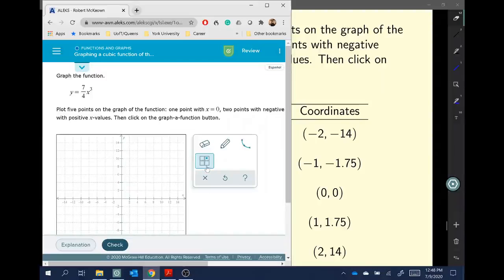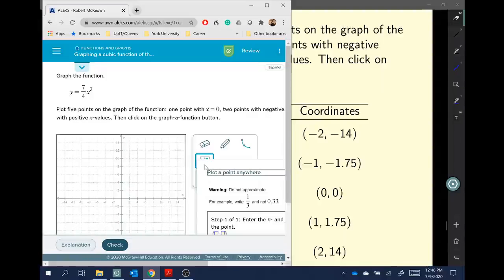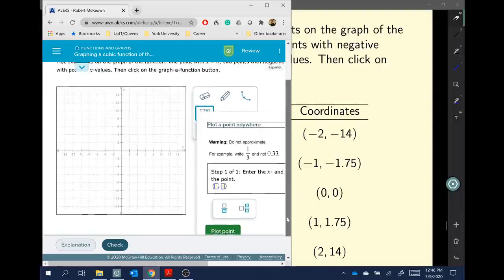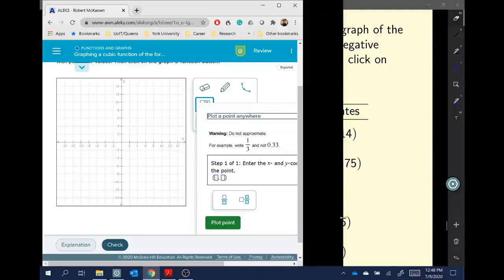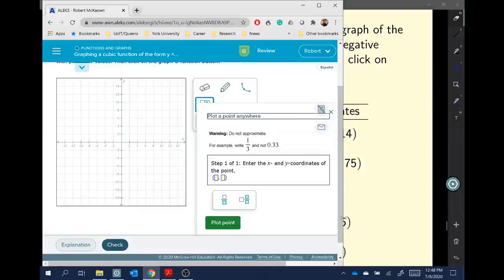Here's the question on ALEKS, and I'm going to use the plot anywhere function. So I'm going to click on this highlighted little image of a diagram, and it says enter the x and y coordinates of the point.